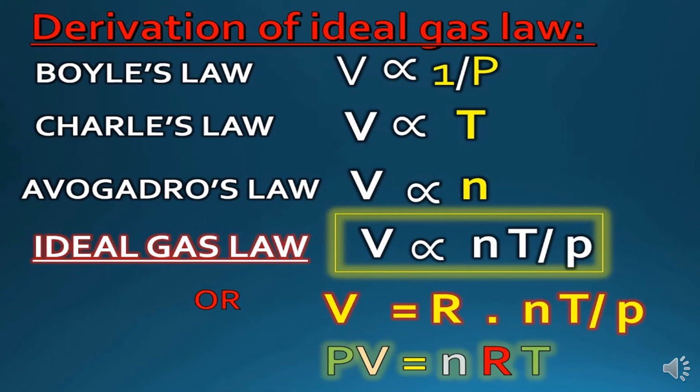The ideal gas equation can be derived by combining these three laws as V is directly proportional to nT over P. When we remove the proportionality sign, we get a constant R, which is known as the universal gas constant. This equation, PV is equal to nRT, is called the ideal gas equation, or the ideal gas law. The gases that satisfy this equation for the entire range of pressure and temperature are said to be ideal gases.